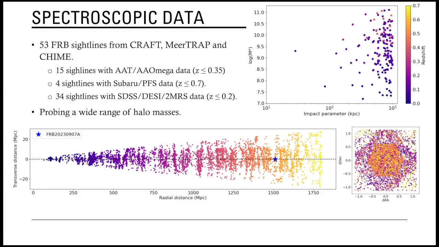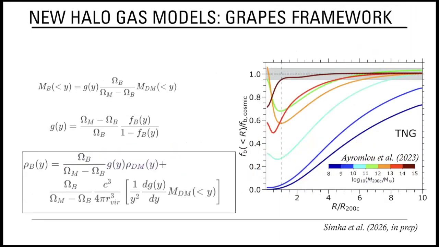So to make sense of the data that we're getting, we are developing various tools. The first thing that we're doing is to come up with this sort of halo gas framework. So previously in DR1, we used a modified NFW profile to model the gas distribution around foreground halos.